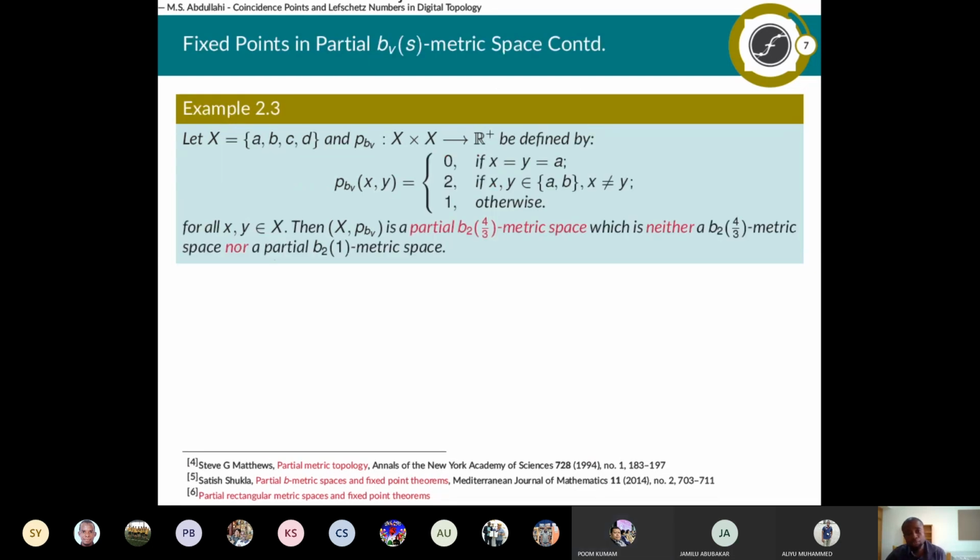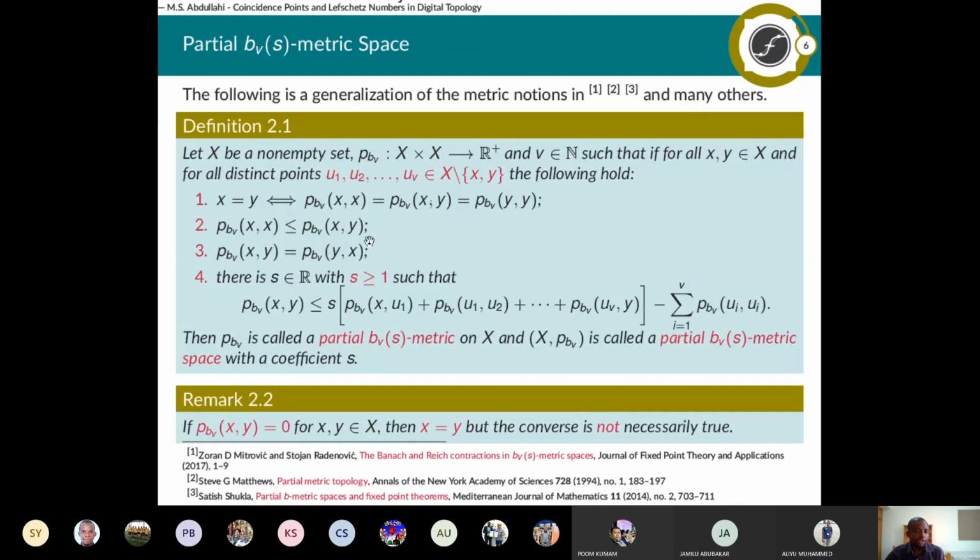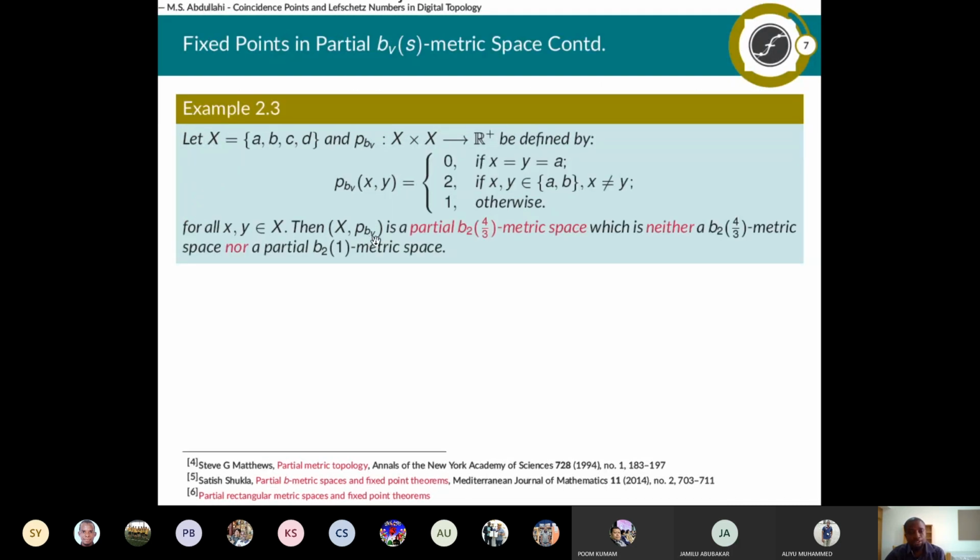For example, if we define our set X to be just the set of a, b, and c, we can define a mapping in this order, so that this mapping will satisfy the conditions of Definition 2.1, and if it does, we will have a partial b_2 4/3 metric space.